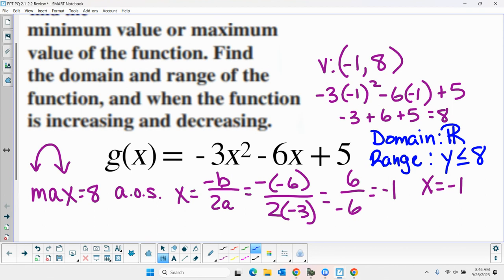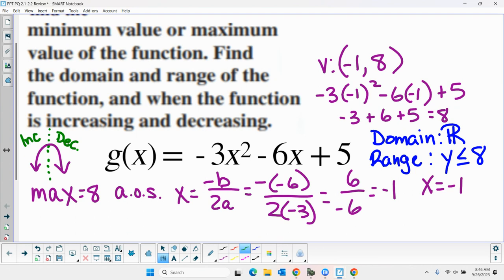Now, the axis of symmetry cuts your parabola in half. When it's one like this that goes down, the left side is the increasing side, and the right side is the decreasing side. Okay?